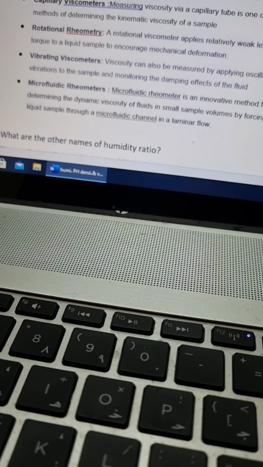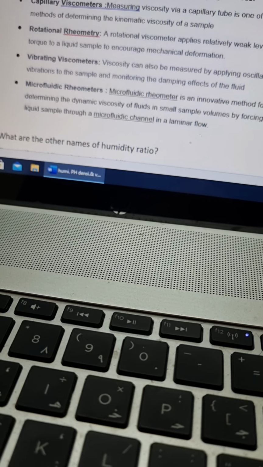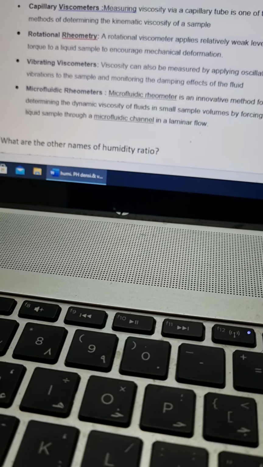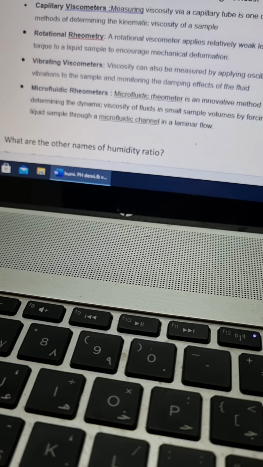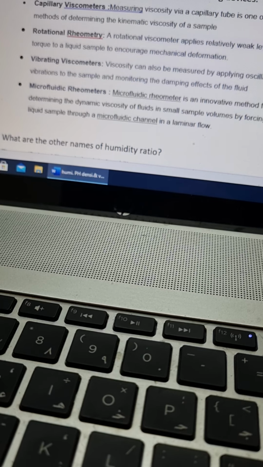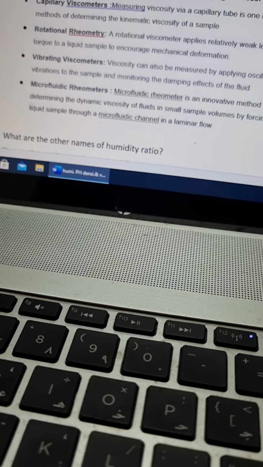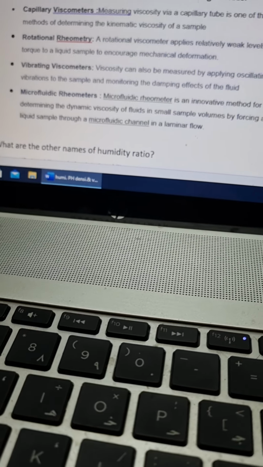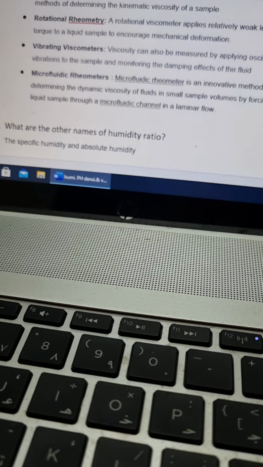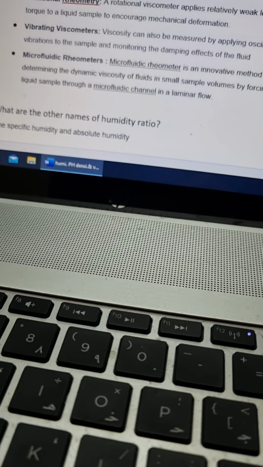Rotary viscometer applies a rotation to a liquid sample, so it determines the viscosity by the speed of the rotation of the liquid.